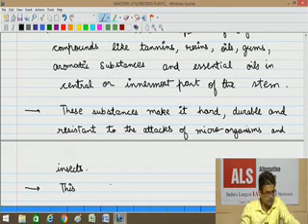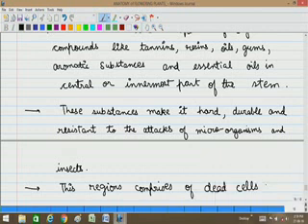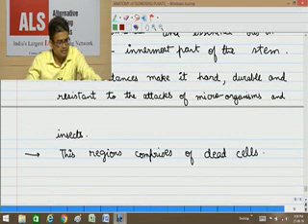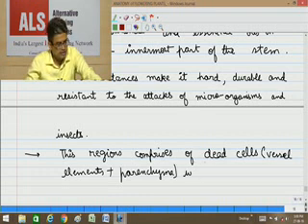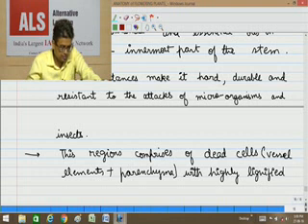These substances make it hard. This region comprises of dead cells, basically xylem vessel elements plus parenchyma, with highly lignified cell walls, called heartwood.